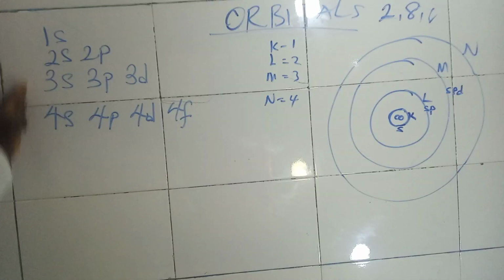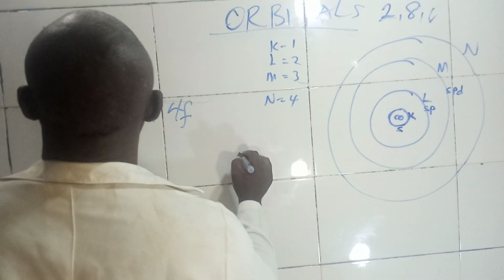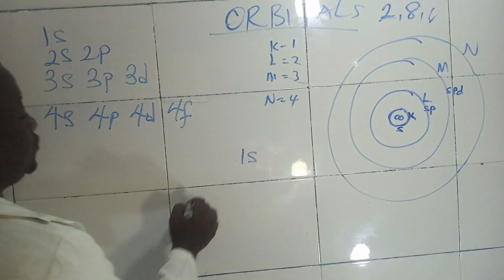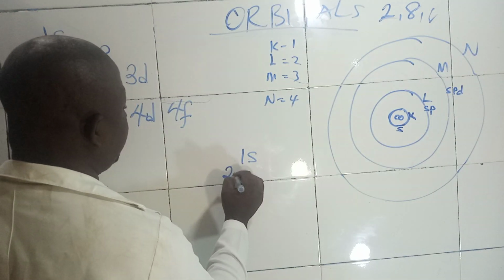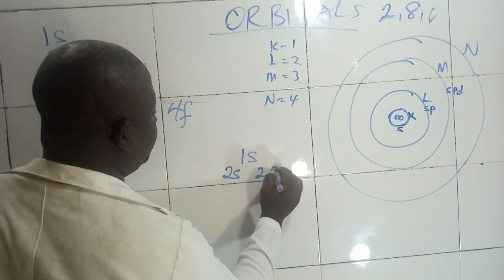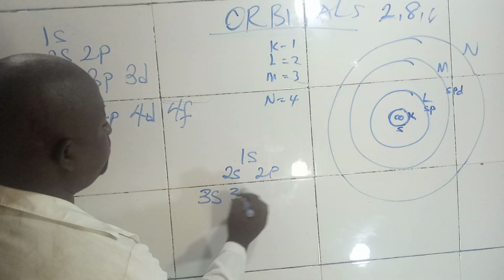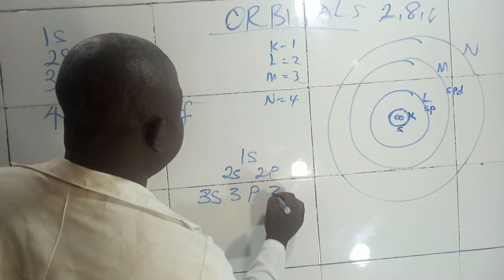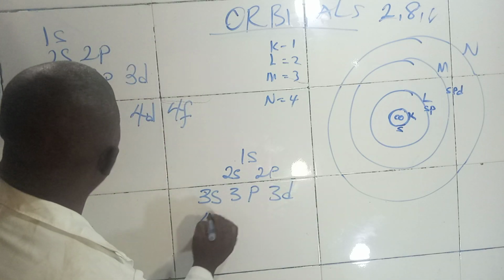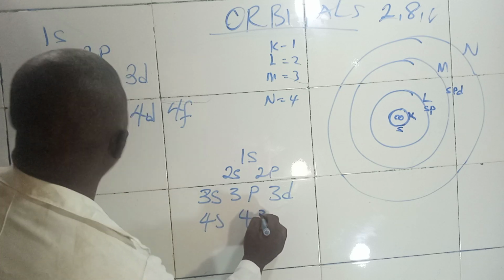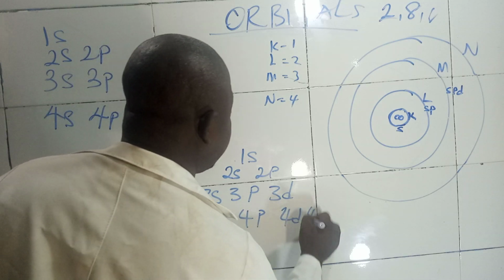If you don't want to write it this way, you can say this is 1s, you stagger it. This is 2s, 2p, and this is 3s, 3p, and 3d. Then you have 4s, 4p, 4d, and 4f.